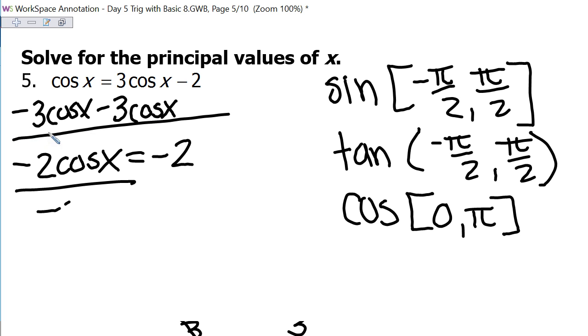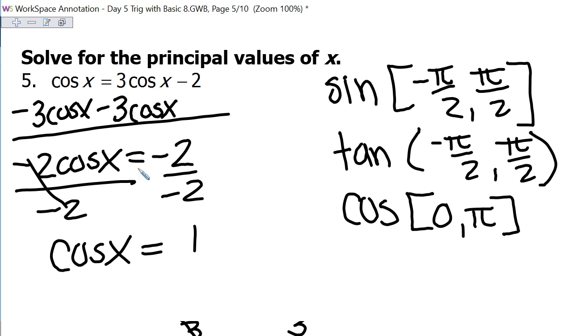Divide both sides by negative 2, and that gives us cosine of x is equal to 1. So cosine is by itself, so I'm ready to solve. But I need to remember that if I'm trying to find principal values for cosine, my answer should only be from 0 to pi inclusive.